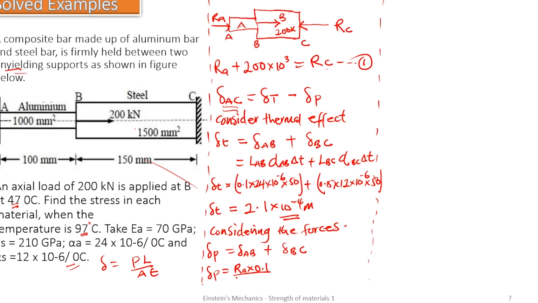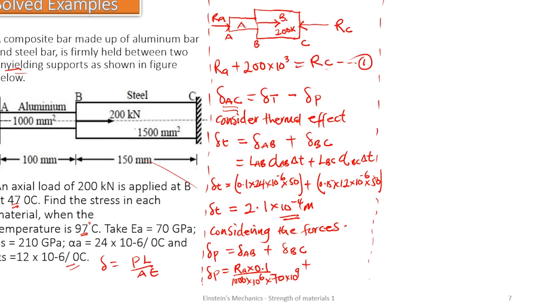So we have 1000 multiplied by 10 to the power -6, and the E, the Young modulus of the aluminium, is 70 times 10 raised to the power 9.